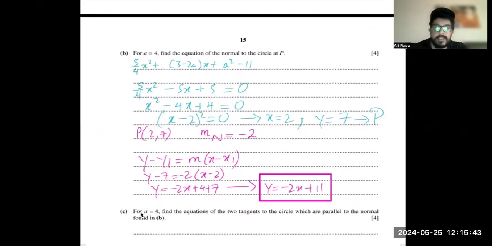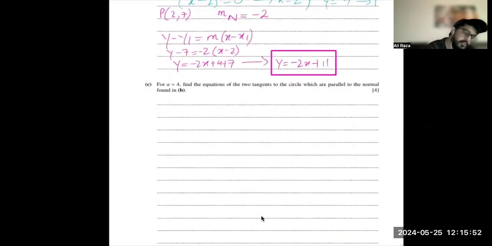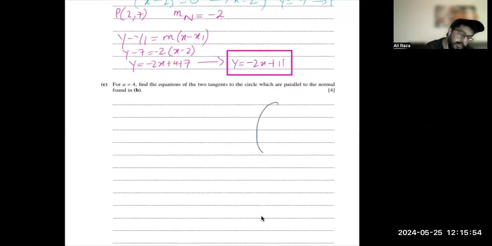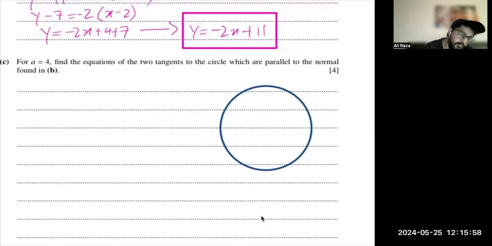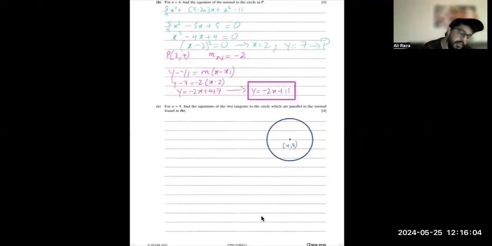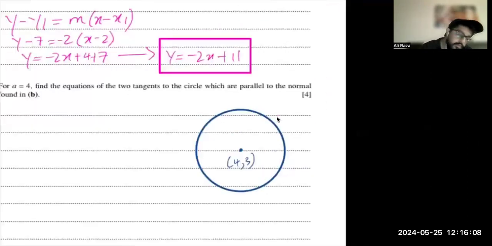In part C, for a is equal to 4, find the equations of the two tangents to the circle which are parallel to the normal found in B. Okay, let's draw a diagram again. We have the center as 4, 3. Now the gradient of the normal was minus 2.